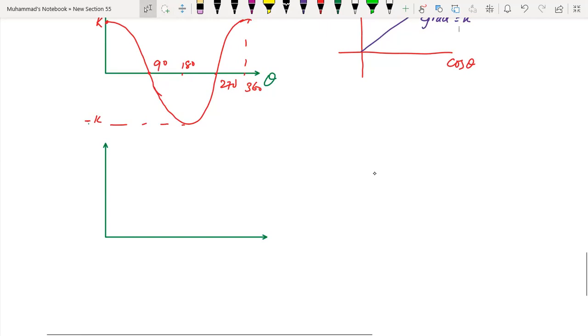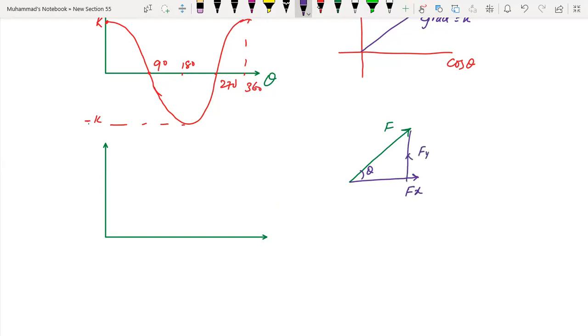You know that if you have this force, and this is theta, so this is the x component, and this is its y component. The x component of this force will be F cos theta, and the y component, the perpendicular component opposite to this angle, will be F sine theta.